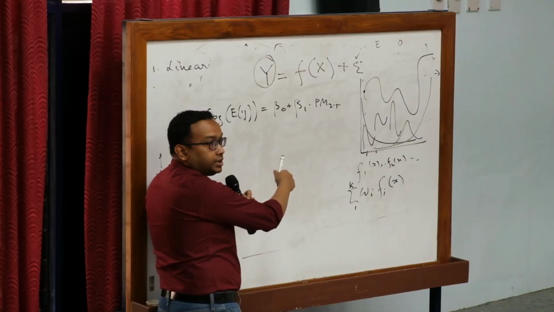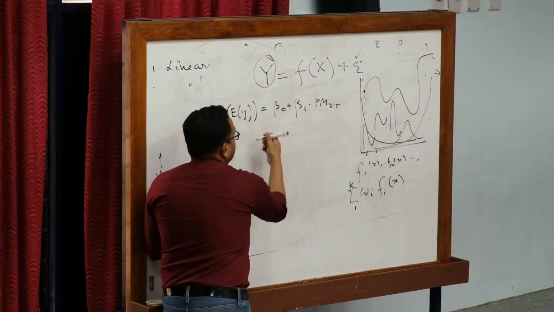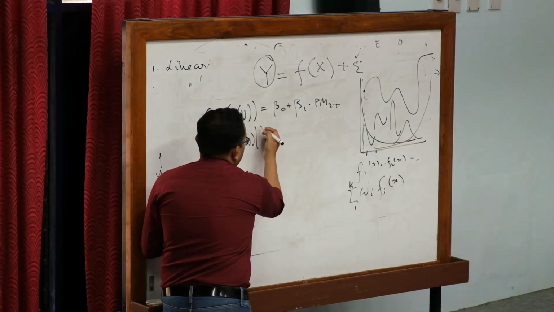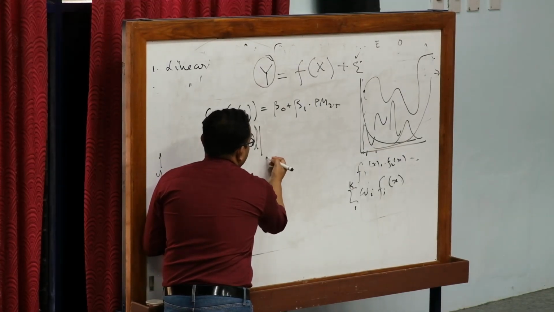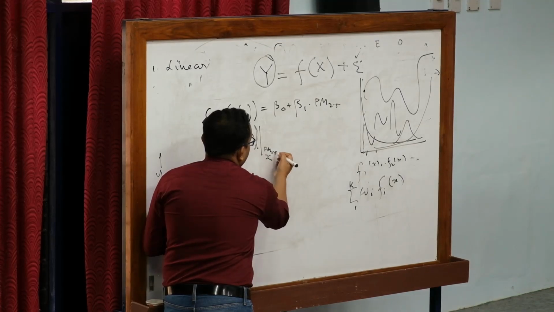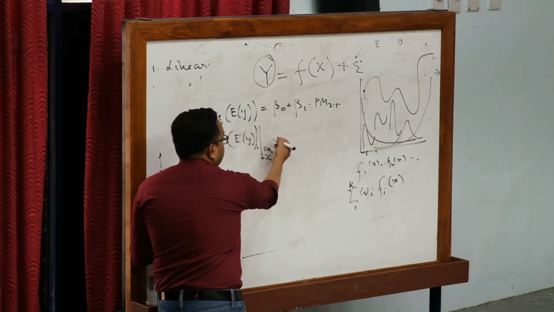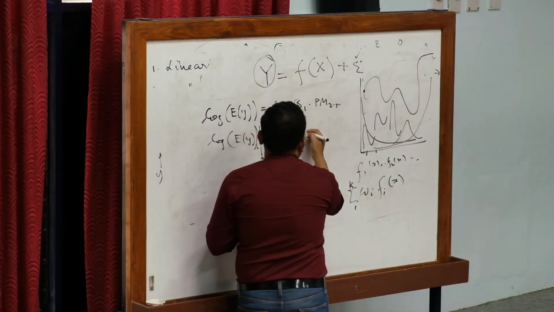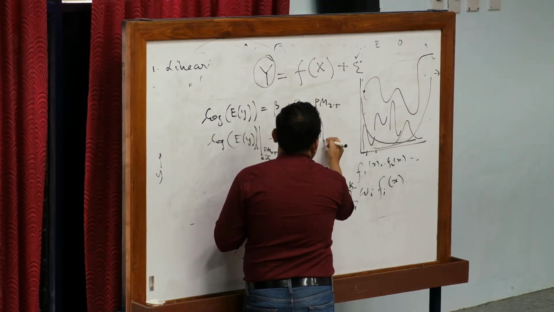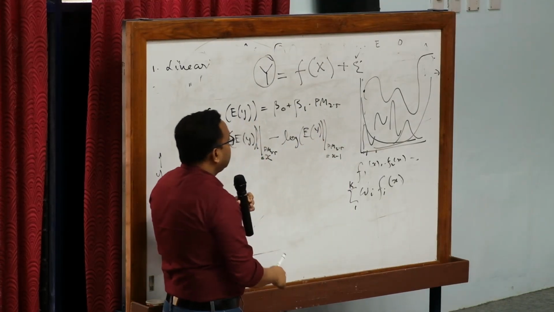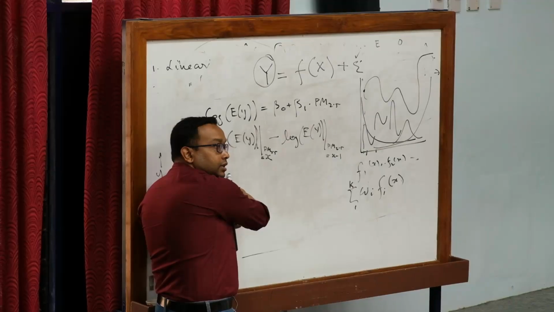So for a 1 unit change in PM 2.5, if I do log of E of y at x minus log of E of y at x minus 1, this difference is what?